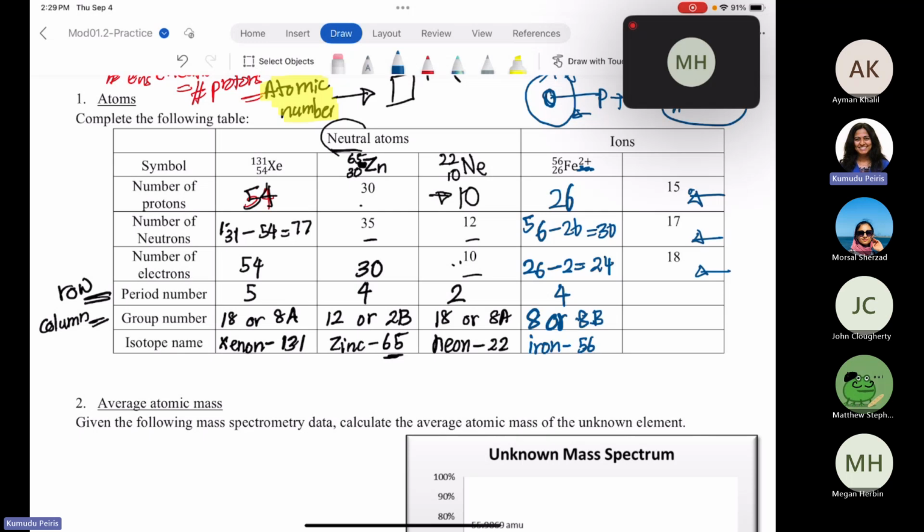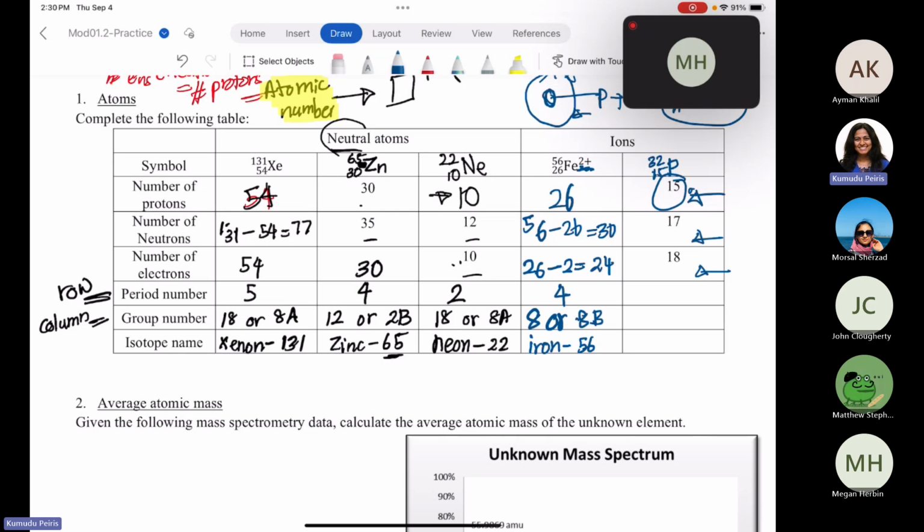No. We'll look at the number of protons, and that is the atomic number. We have 15 protons, so that's phosphorus, the 32 and 15.